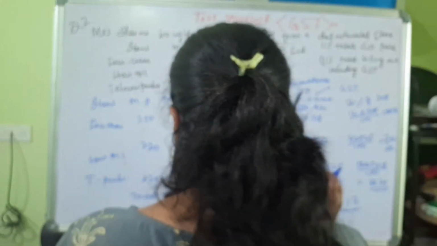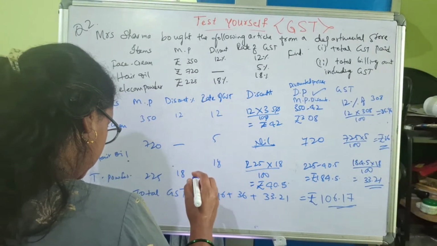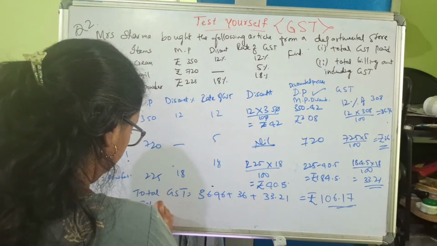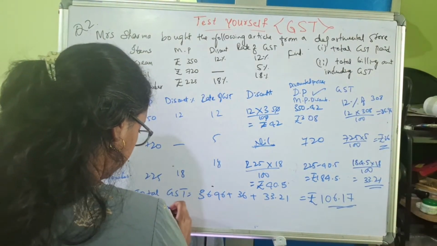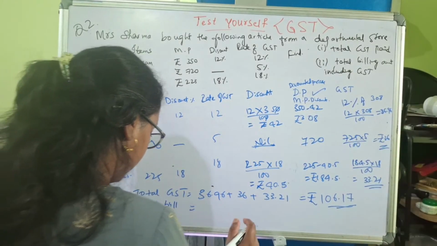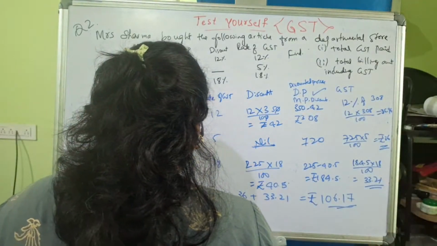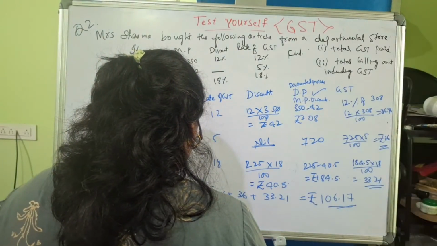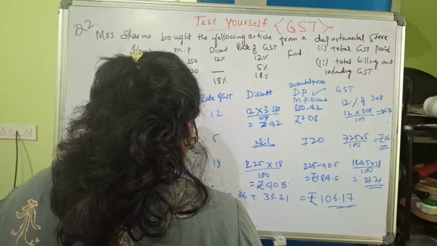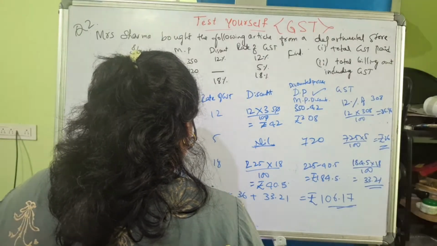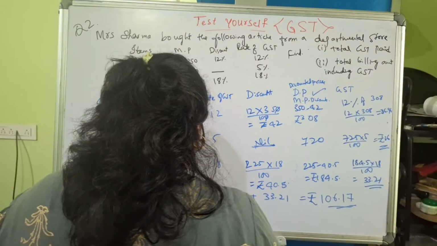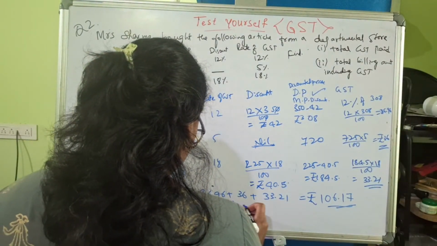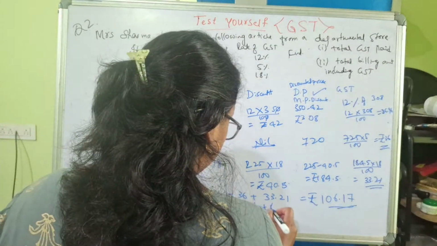Now the total billing amount including GST. So total bill is equal to total discounted price plus total GST.